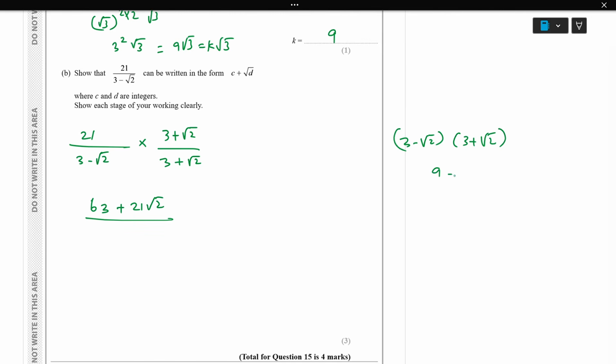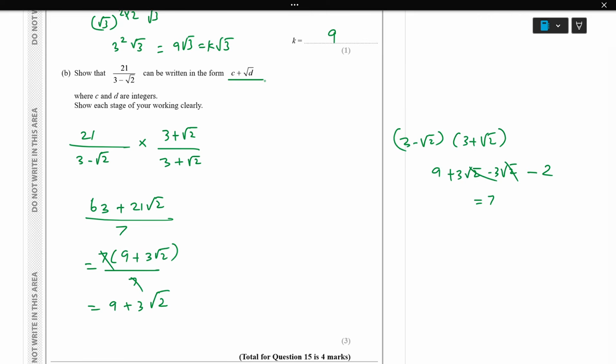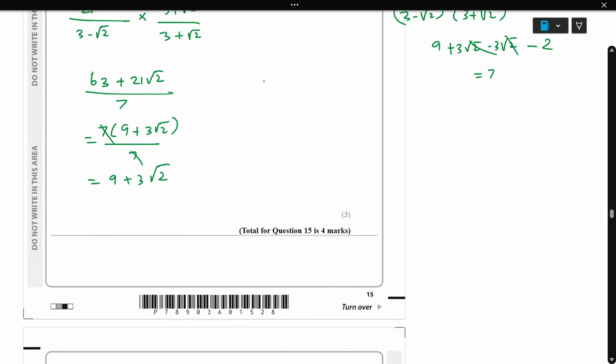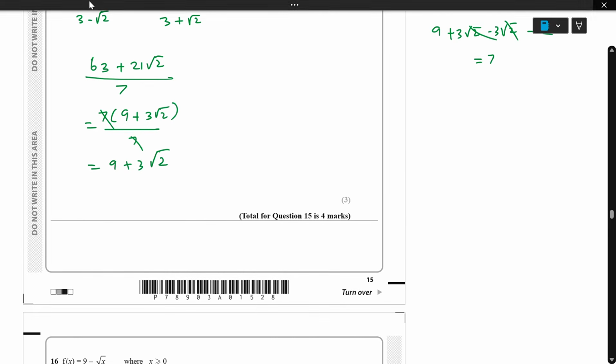Denominator: 3 minus root 2 times 3 plus root 2 is 9 plus 3 root 2 minus 3 root 2 minus 2, the middle terms cancel to 0, so the denominator is 7. In the numerator I can bring 7 outside, 9 plus 3 root 2 over 7. So 7 got cancelled, the answer is 9 plus 3 root 2.